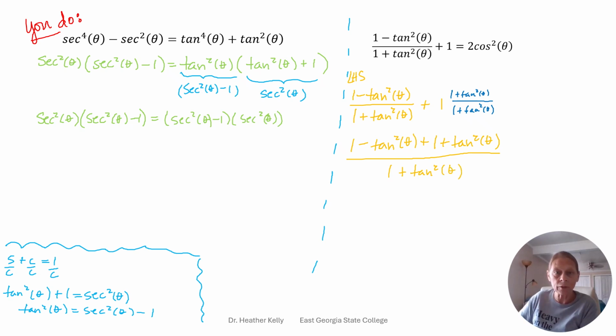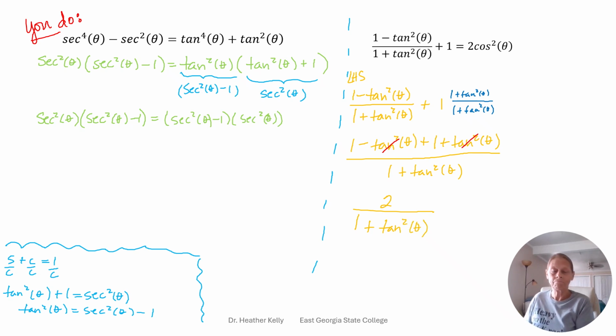Now if we look up here at the top, these tan squared thetas cancel out. Awesome. And so then we're left with 2 over 1 plus tan squared theta.